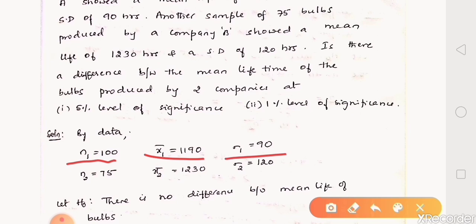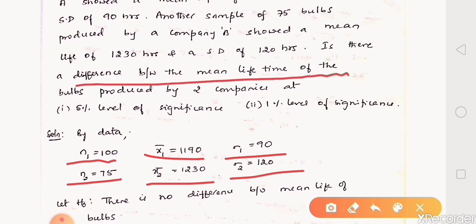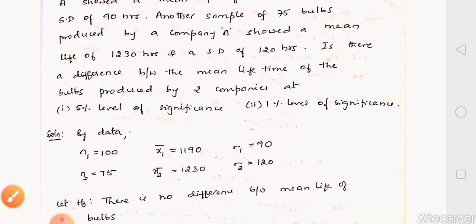And consider the second sample, size is 75, mean 1230 and sigma 2 is 120. We assume that the difference between the mean lifetime of the bulbs produced by two companies is not significant, or there is no difference between mean life of the bulbs produced by two companies.